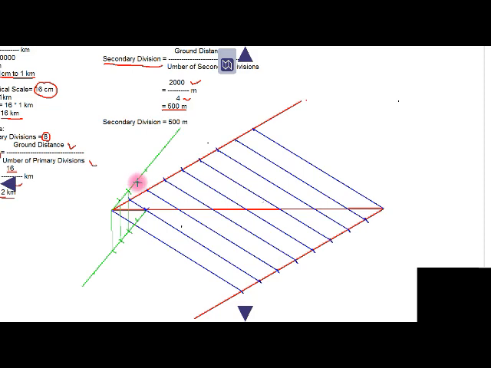So while doing this, what is happening, this first primary division is getting equal divisions, right? So that we want.